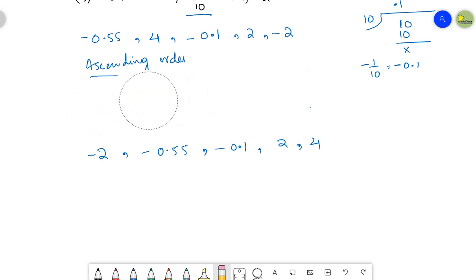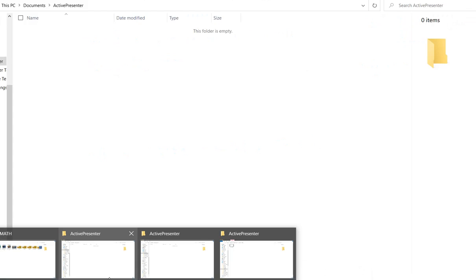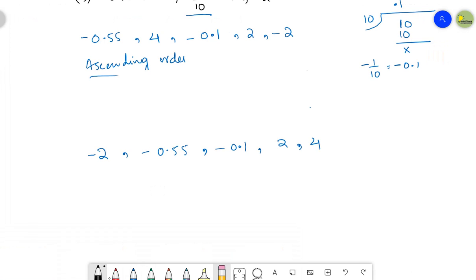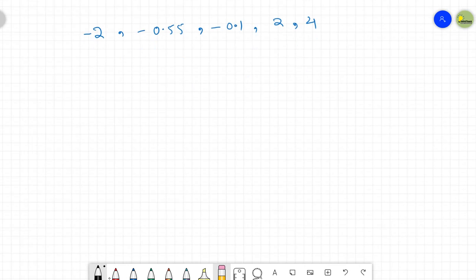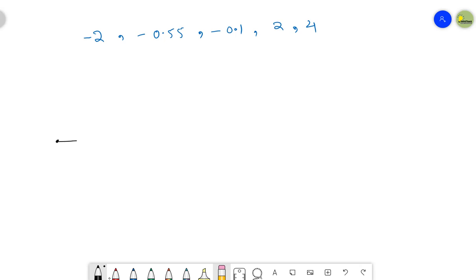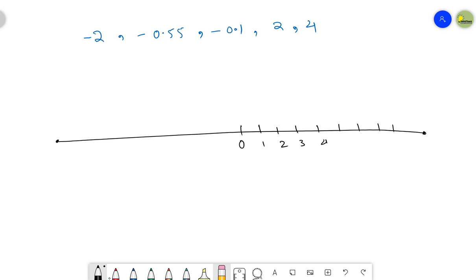Now let's draw a number line. I know that the number line is basically a line that represents all the numbers. Like I have 0, and on the right side, I have all the positive values, just like this. 1, 2, 3, 4, 5, 6, 7, 8, and so on.